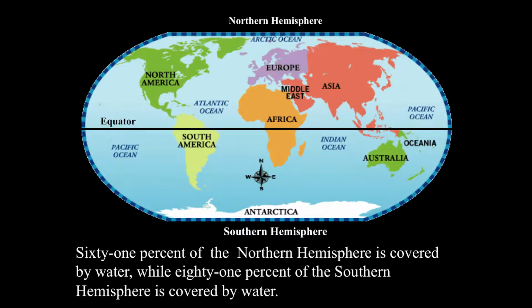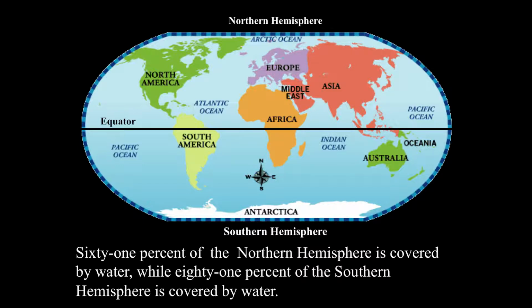Another view of the Earth showing the 7 continents, including Africa, Antarctica, Asia, Australia, Europe, North America, and South America. And it also shows the 5 oceans: the Antarctic Ocean, the Arctic Ocean, the Atlantic Ocean, the Indian Ocean, and the Pacific Ocean.